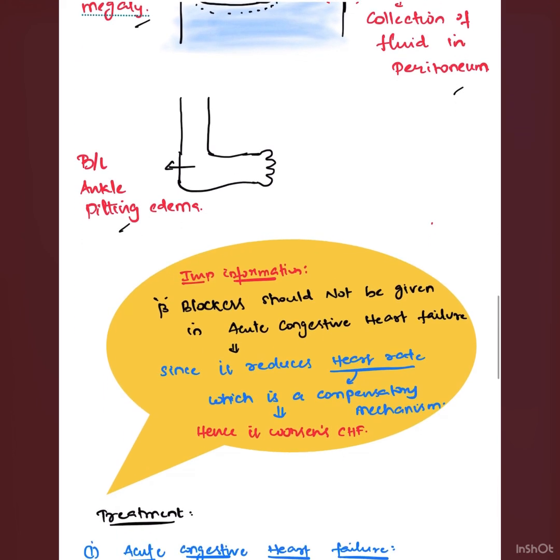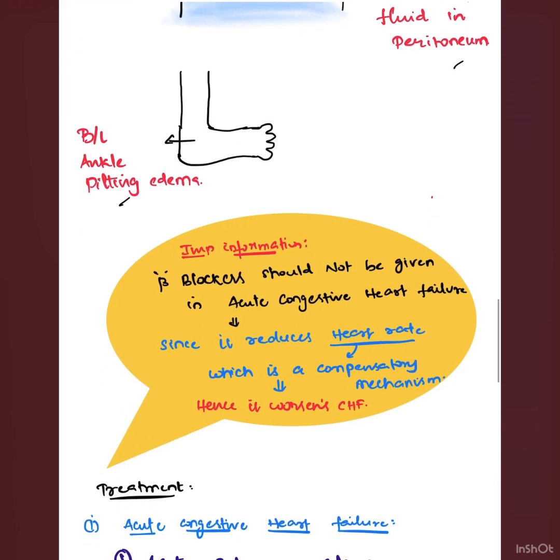The next important information is about beta blockers. Beta blockers should not be given in acute congestive heart failure because they reduce the heart rate, which is a compensatory mechanism, and hence worsen congestive heart failure. But beta blockers can be given in chronic congestive heart failure.